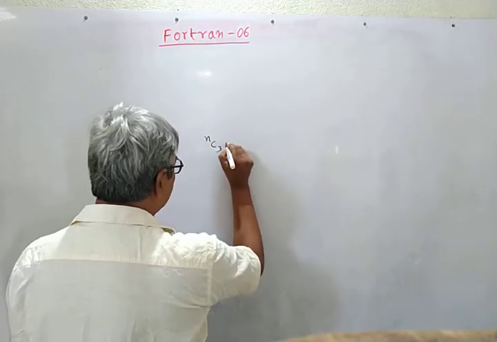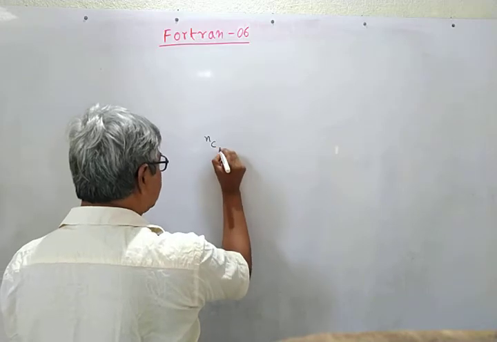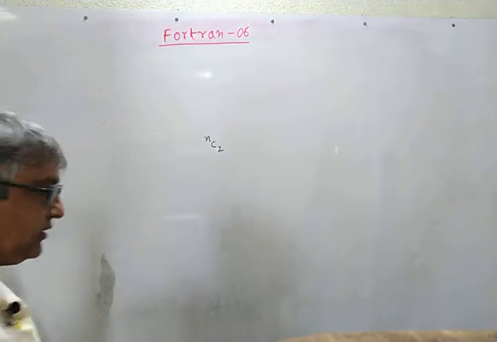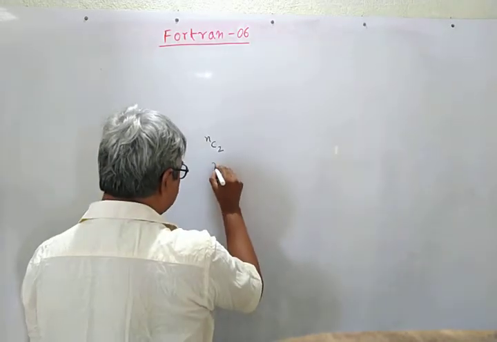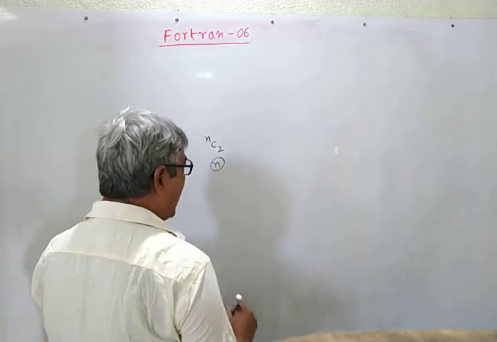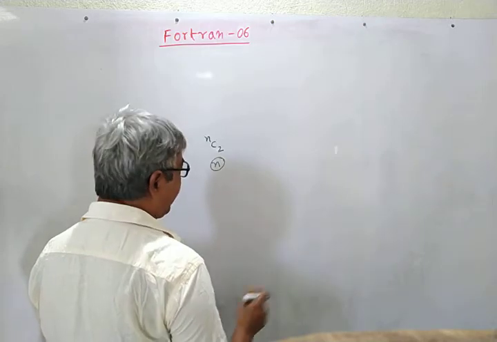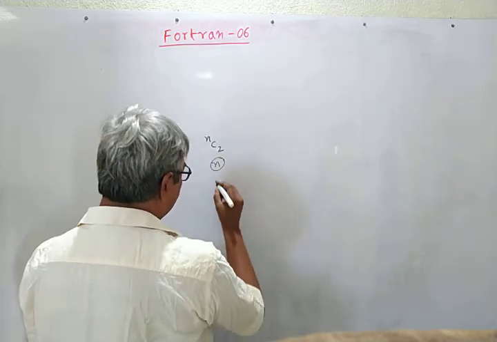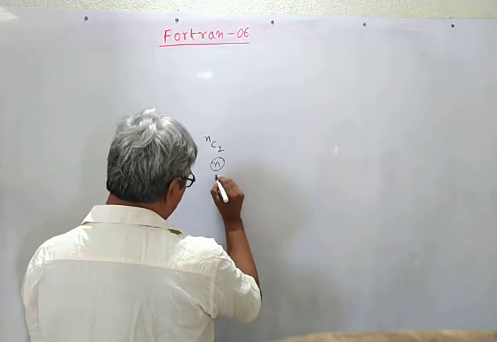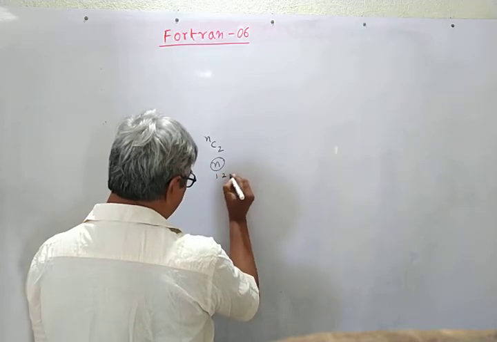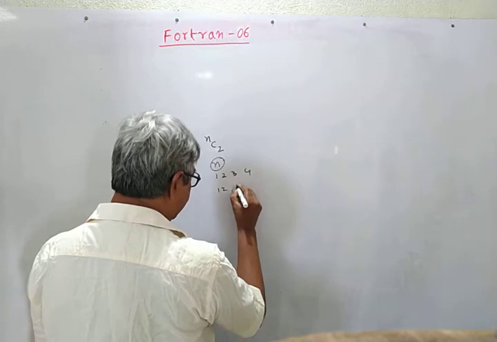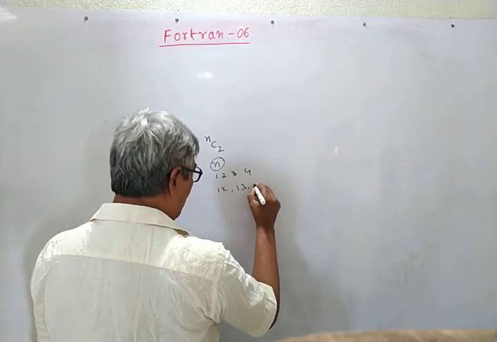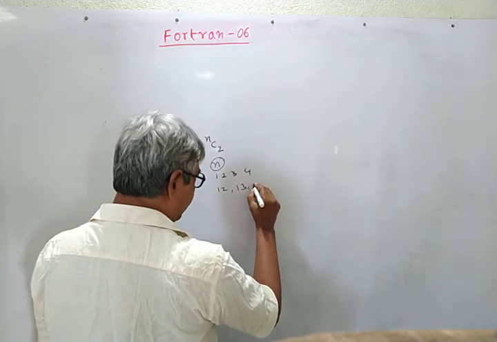So basically NC2. If we take n as a number, say n = 10, and calculate the distinct pairs of numbers, say the numbers are denoted as 1 2 3 4 etc., the first pair is 1 2, second pair is 1 3 up to 1 10.